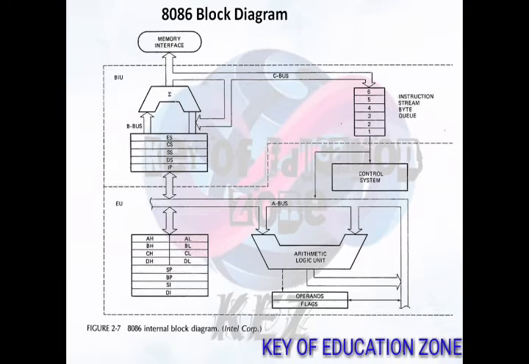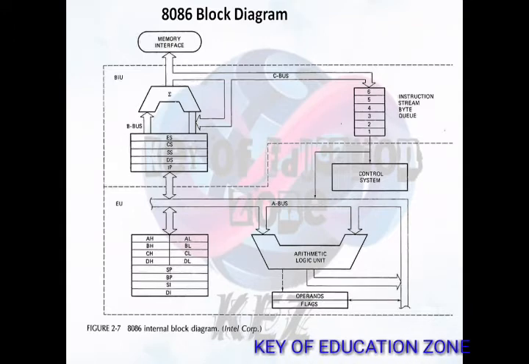Here one thing you have to remember, this is the basic architecture. This picture is the basic internal architecture, where BIU means what I already told you, and EU's activity is already discussed. So this is the basic architectural model. The upper part is the BIU and the lower part is the EU.